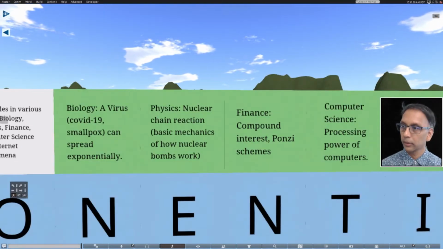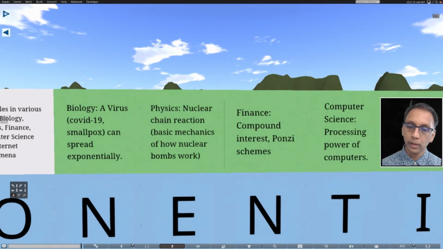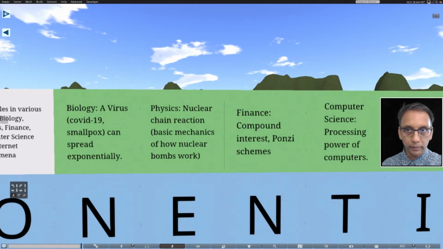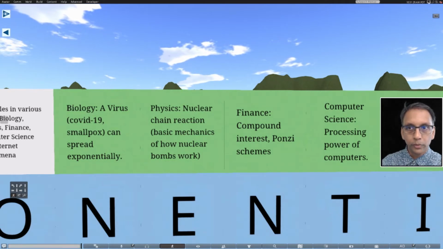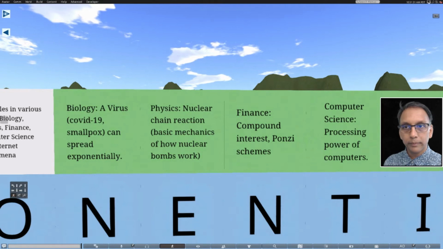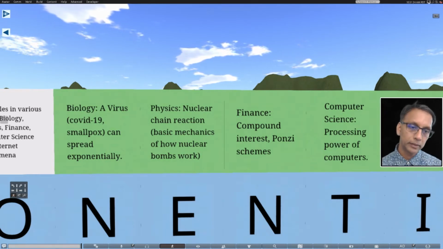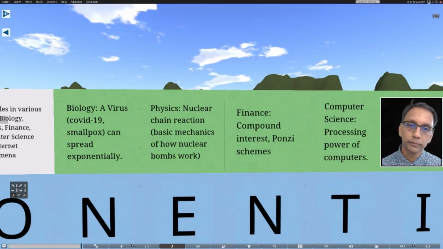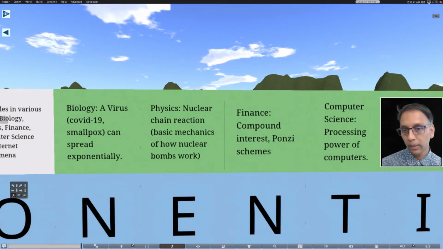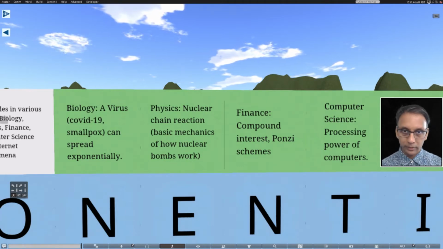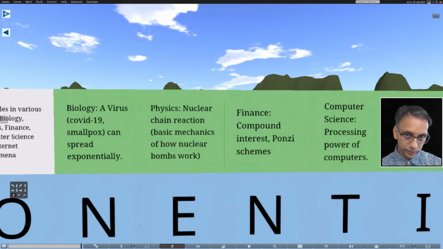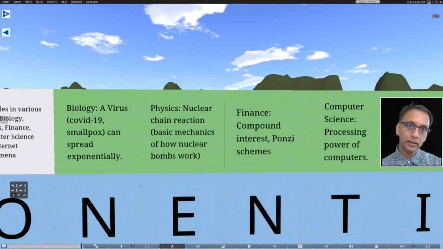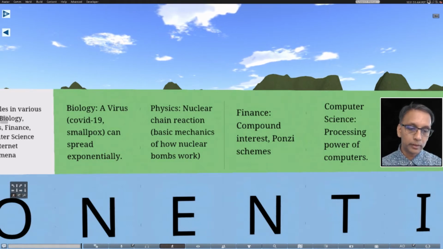So we talked about an exponential growth example in biology by referring to the coronavirus case. In physics, if you look at nuclear chain reactions, okay, where you have one particle hitting a target particle, that target particle splits into two others, sub particles, and these two go and hit other target particles.